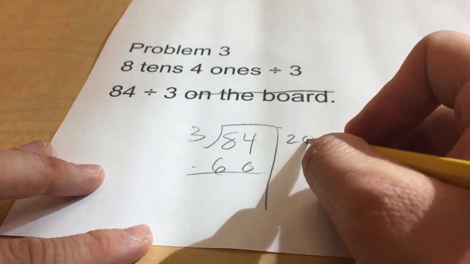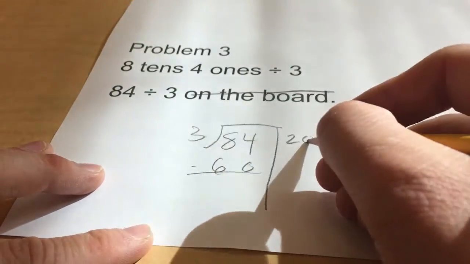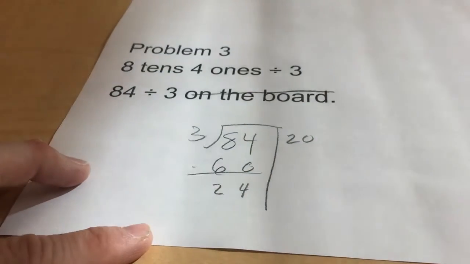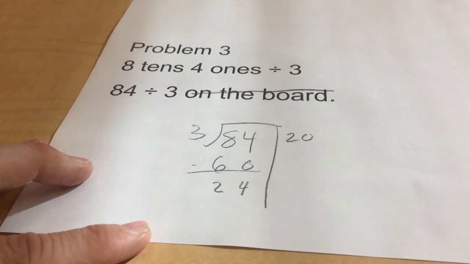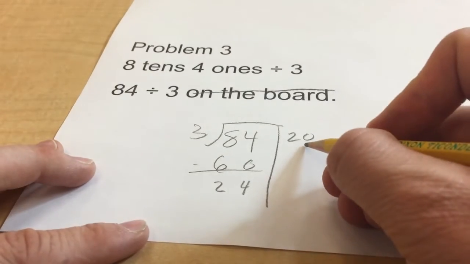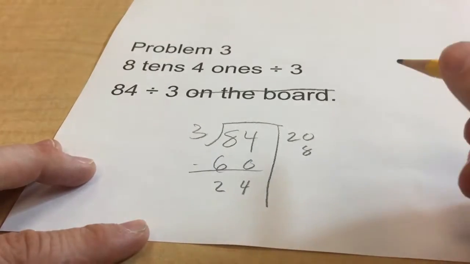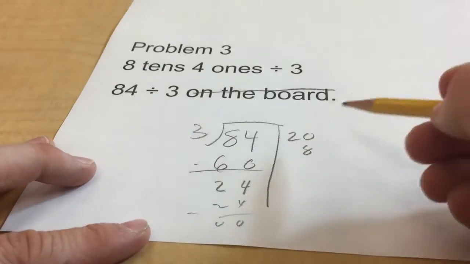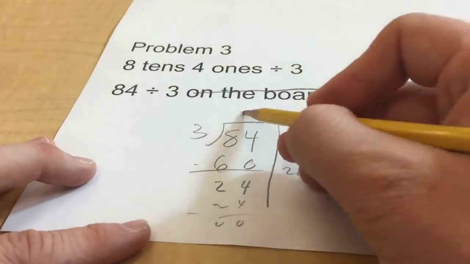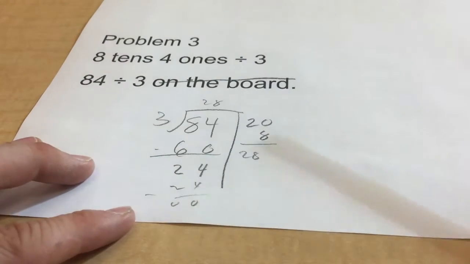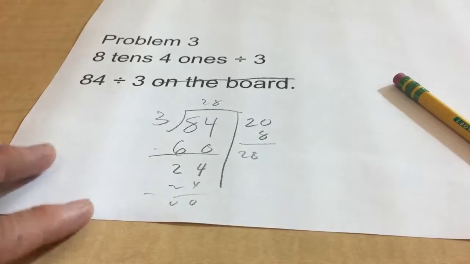I put 20 in each group, because I got 3 groups. How much will I have left over? 24. I have 24 more to distribute still. And if I put, let's see, 8 in each, 3 times 8 is 24. Now I've distributed the rest of it. 28. That's the answer. There's not even anything left over on that one.